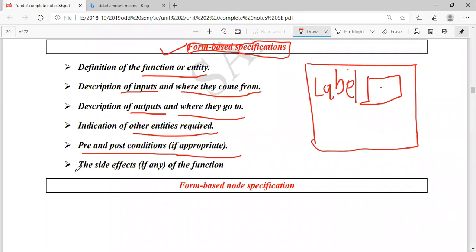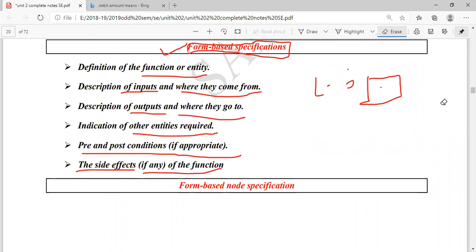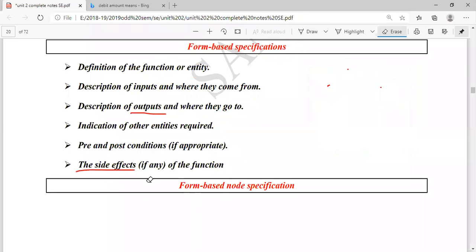It will also tell us if there are any errors, bugs or defects that can be generated from this function, and how they can be handled. So this is one more alternative way of writing the standard requirement document specification.